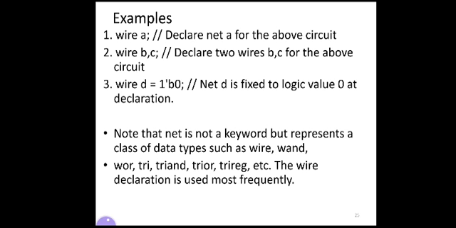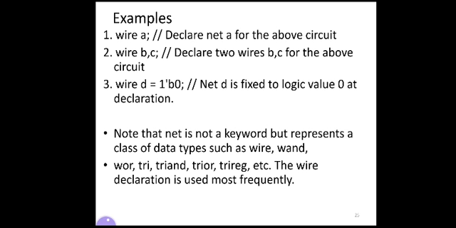Remember, nets are declared primarily with the keyword wire. Net is not a keyword here, but if you want to use any nets, you can declare them with the keyword wire, so that the identifiers you use are your wire or net, used interchangeably.